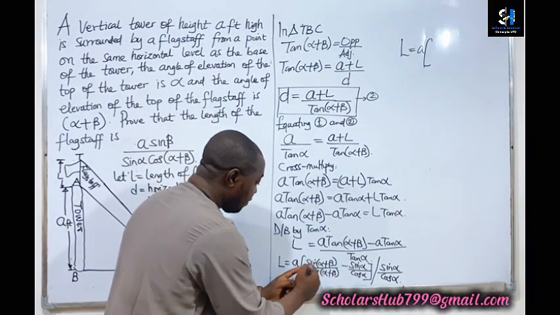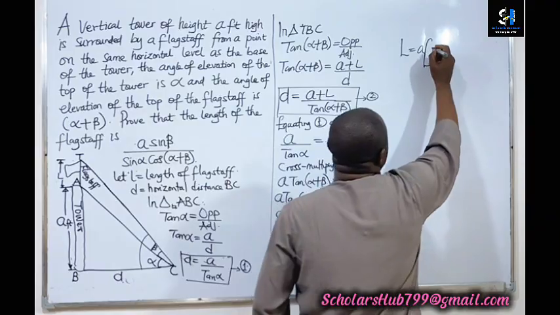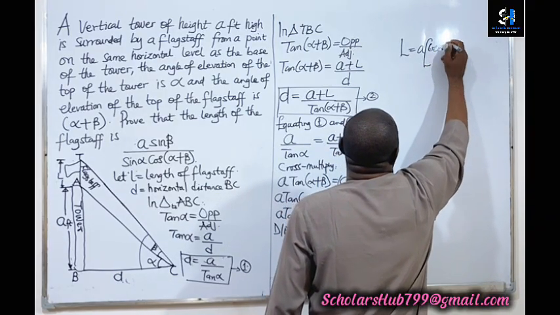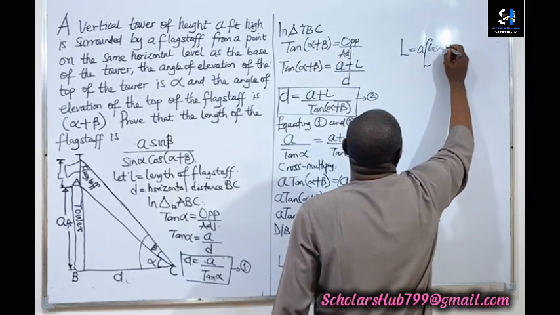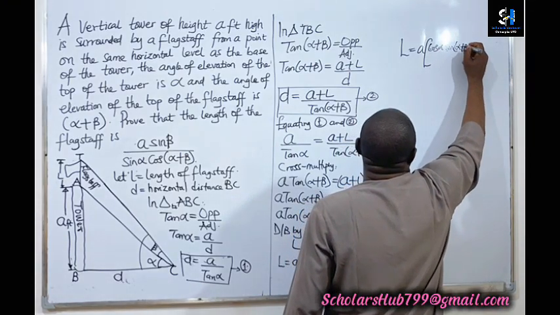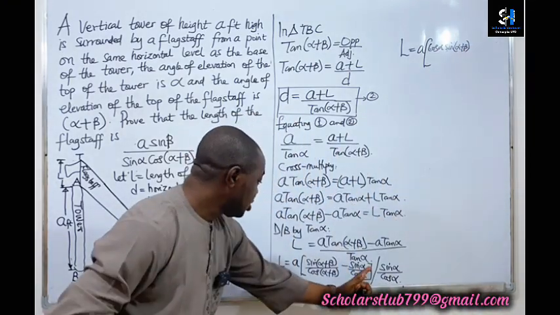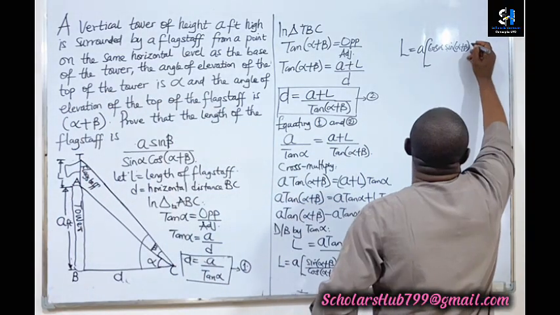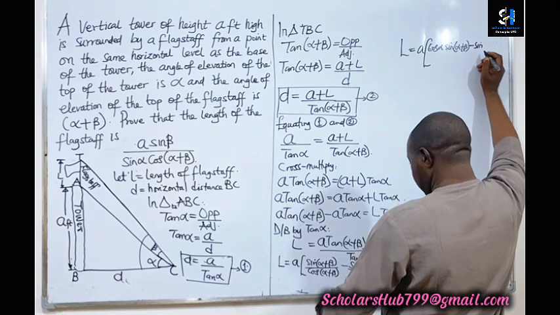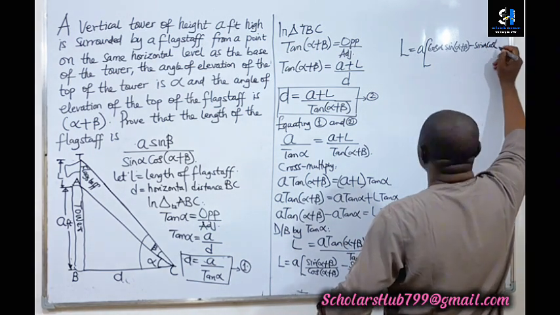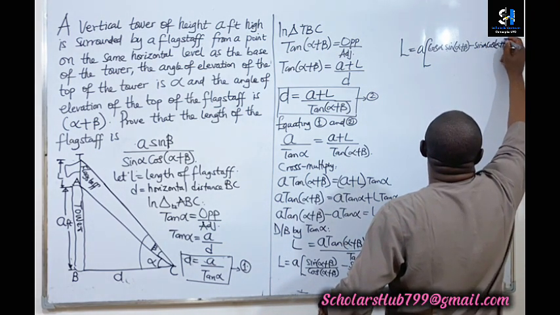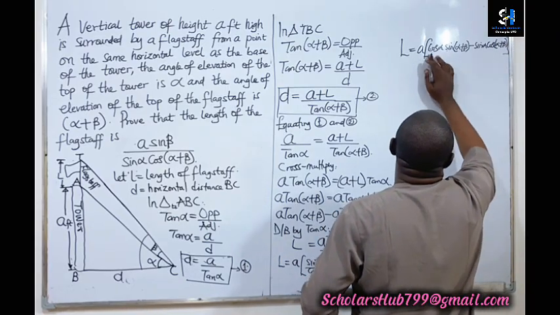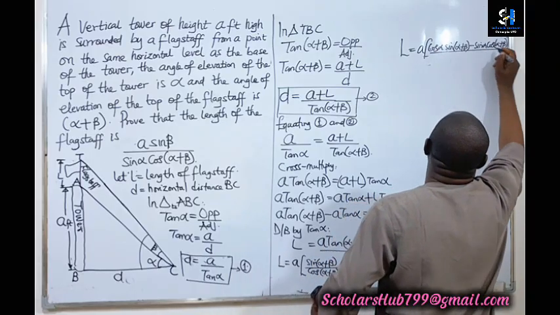It's cos alpha multiplied by sine alpha plus beta, then minus sine alpha multiplied by cos alpha plus beta, all over.